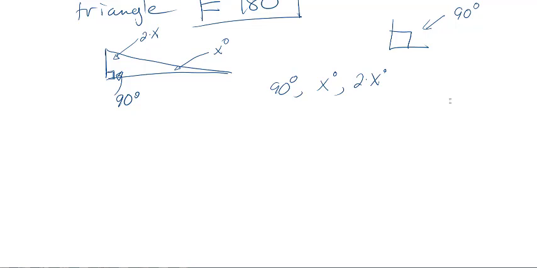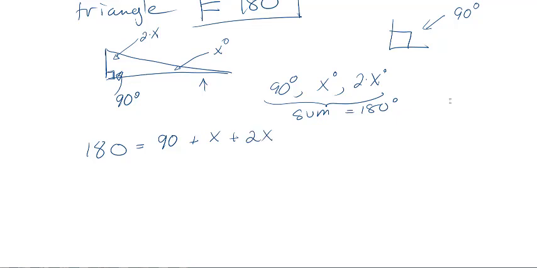Now what we know about this is that the sum of all three equals 180. So we can write this out as a mathematical expression. So 180 is equal to the sum of the three angles, 90 plus x, that's the first angle here, plus 2x.